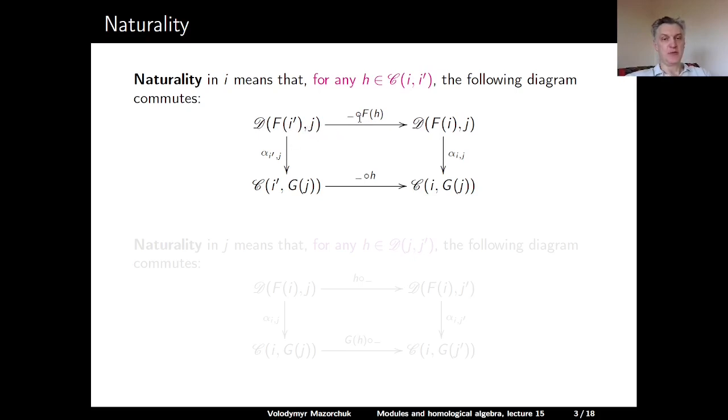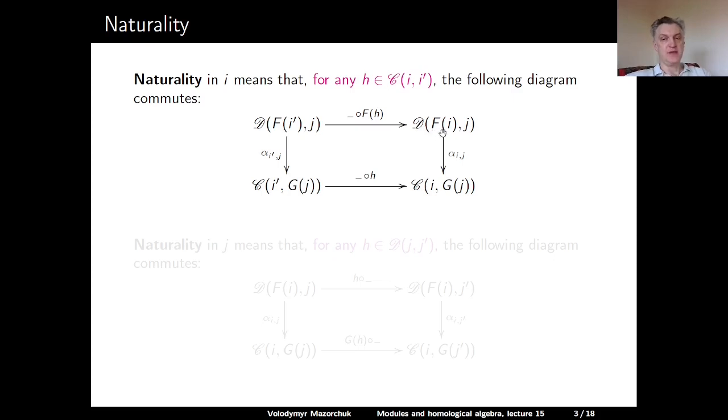We have the precomposition with F(h), which sends us to Hom_D(F(I), J), and we have our isomorphism alpha with indices I', J, which sends us to Hom_C(I', G(J)).